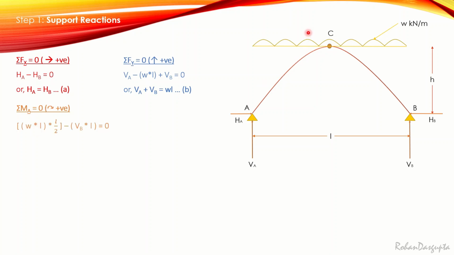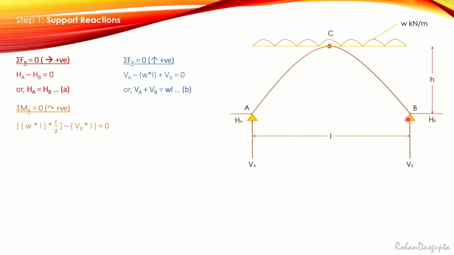Right, so this UDL is going to have a moment about A in the clockwise direction, therefore it is positive. Again, moment equals force multiplied by the perpendicular distance from its CG, right? So the entire load is W into L, but the CG of this UDL will act at mid-span. So therefore, I am multiplying it by L by 2. Next, consider this VB load.